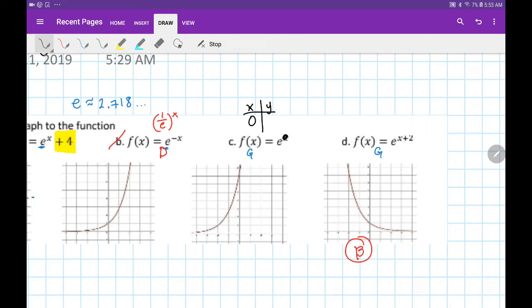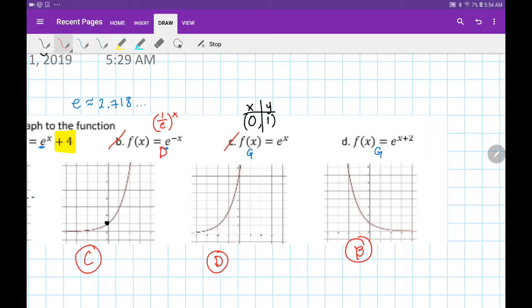And e to the power of 0 is 1, meaning that my y value comes out to be 1. So now I know that I have a point I need to go through of (0, 1). Let's see which graph goes through (0, 1). This graph does, whereas this graph misses (0, 1). So I know that the graph on the left will be C, and just by process of elimination, this guy will be D.